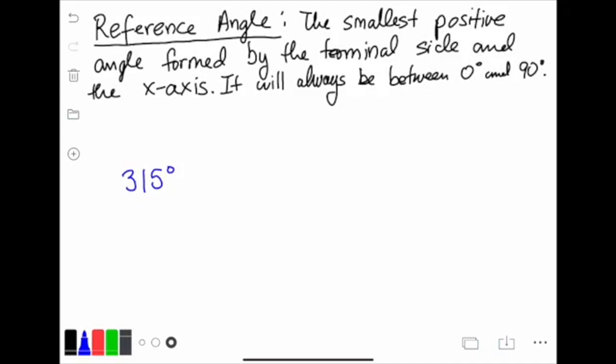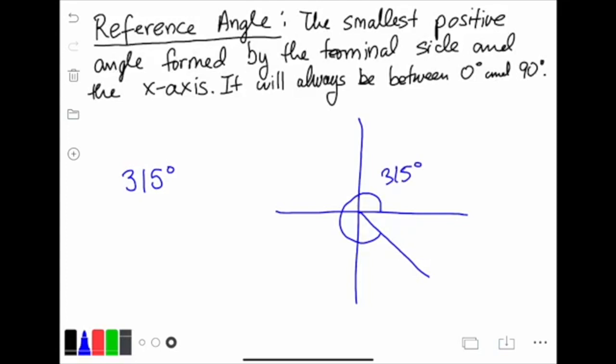Now let's take, for example, 315 degrees. What would the reference angle to 315 degrees be? So 315 degrees would be right here in the fourth quadrant. That's 315 degrees. So once again, looking at the definition of a reference angle, the reference angle would be this angle right here.